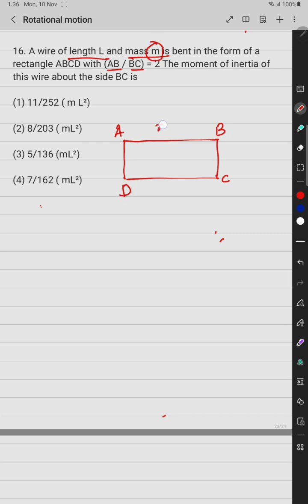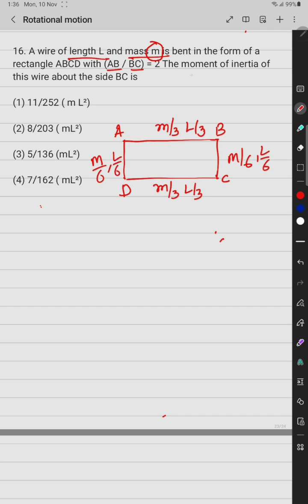So this part has mass m by 3 because the length is L by 3. This part is m by 3, length is L by 3. This part has mass m by 6 and the length is L by 6, m by 6 and L by 6.